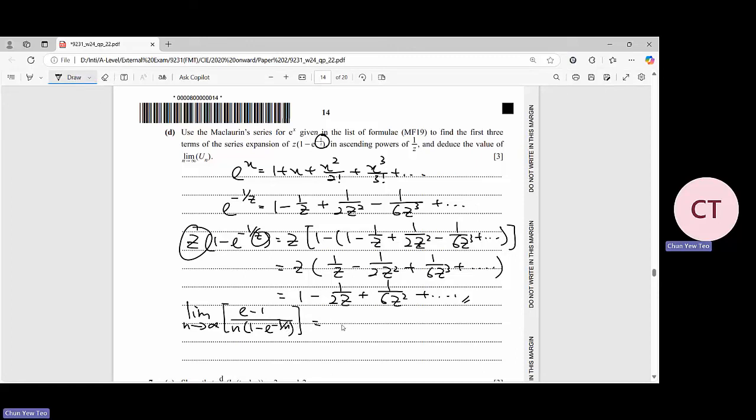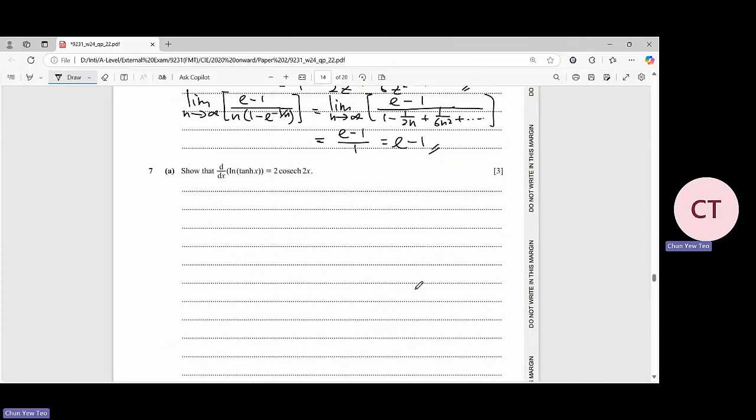If you change z to n, it will be the same as the limit as n goes to infinity of e minus 1 over 1 minus 1 over 2n plus 1 over 6n squared, and so on. I changed the z to n already. So now when n goes to infinity, you get e minus 1 over 1, therefore you get e minus 1. That's all. So this will be the answer for question 6D.